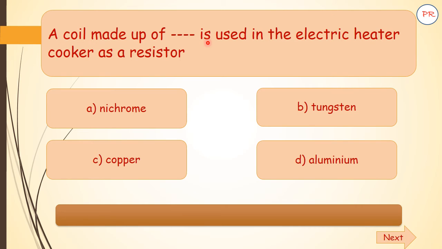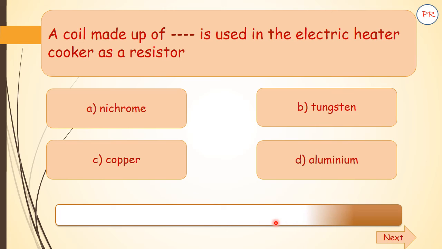A coil made up of dash is used in an electric heater or cooker as a resistor. Options are A. nichrome, B. tungsten, C. copper, D. aluminium. Here is your time. Its answer is A. nichrome. Nichrome is an alloy which has a high resistivity, so it can produce more heat. That is why it is used in an electrical heater or a cooker.